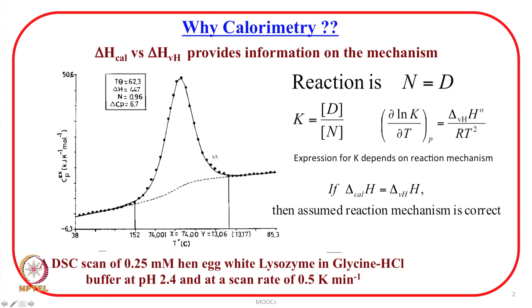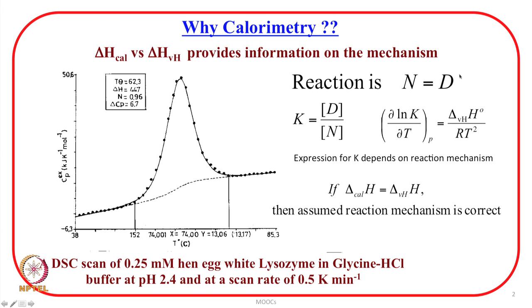Calorimetric enthalpy one can determine from the area under the curve. The van 't Hoff enthalpy is based upon equilibrium constant, and that equilibrium constant is written for a specific reaction or for a specific reaction mechanism.